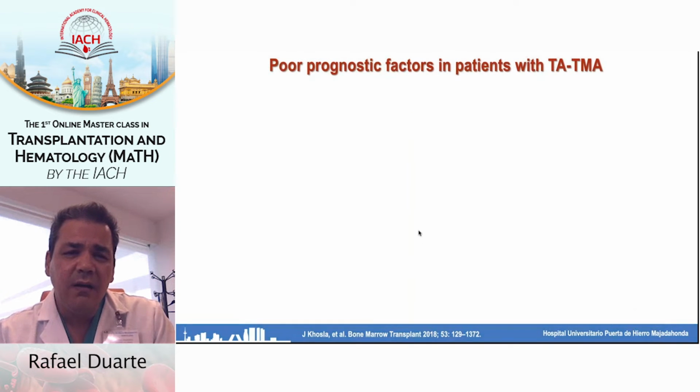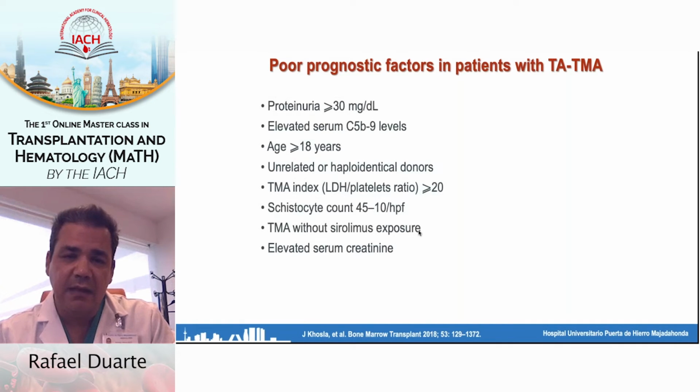So what are the possible prognostic factors in this patient? How can we tell apart who's going to do well and who's going to have such a poor outcome? And there are many factors. Proteinuria greater than 30 milligrams per deciliter, elevated serum C5b9 levels, and these have the limitation that most of us have access to these, but not with a very quick turnaround.